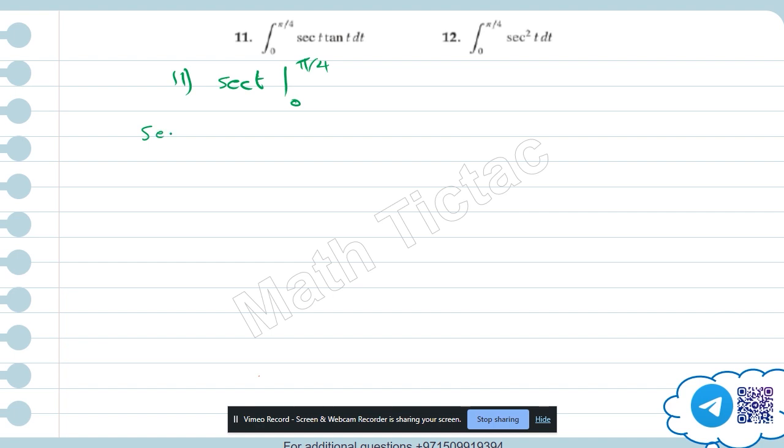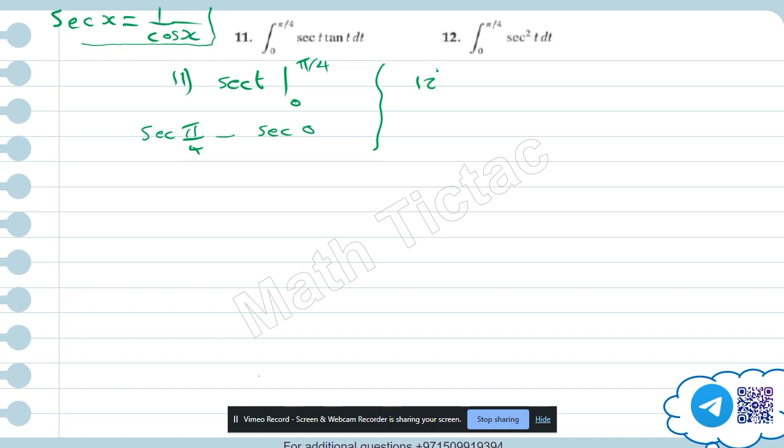So now secant pi over 4 minus secant 0. If you don't have the secant on your calculator, you can use this: secant x is equal to 1 over cosine x. So 1 over cosine pi over 4 minus 1 over cosine 0.